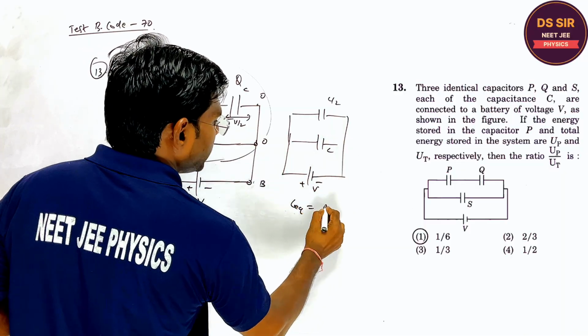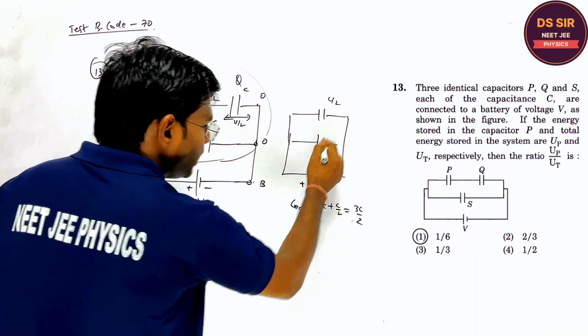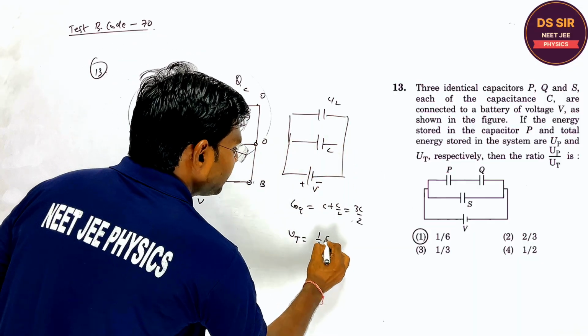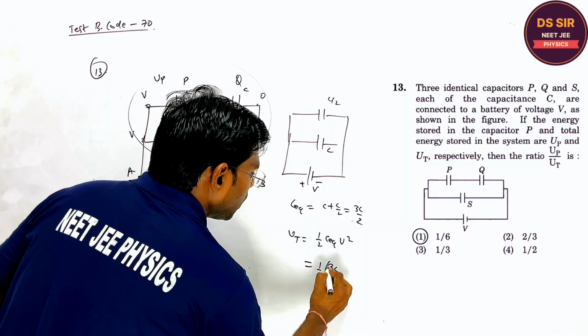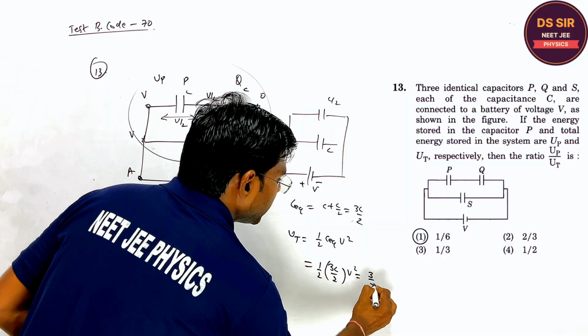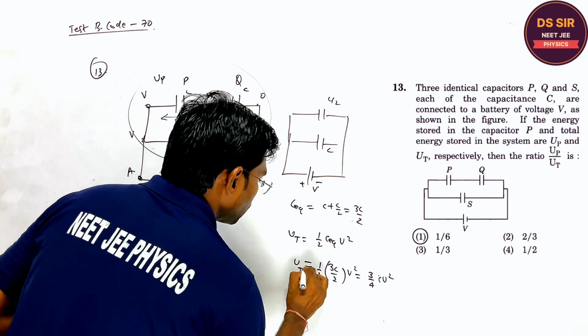So the equivalent capacitance is C plus C by 2, which is 3C by 2. The total energy of the circuit is half C equivalent into V square, which is 1 by 2 into 3C by 2 into V square, equal to 3 by 4 CV square. This is the total energy.